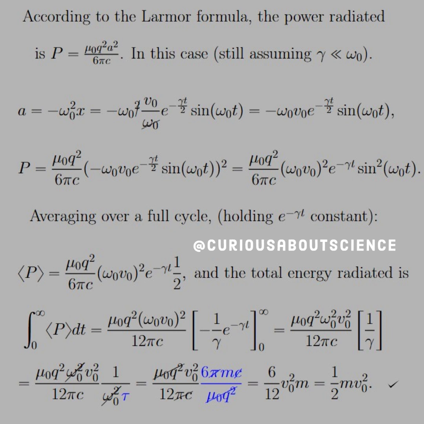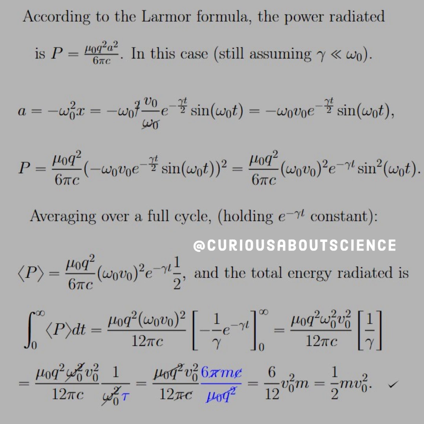Tau gives us a 6 pi m c over mu naught q squared because it's 1 over tau. As you see, mu naught q squared cancels. We have a cancellation of 6 pi and c with the denominator. That reduces to 6 over 12, excuse me. So the pi c terms cancel, and we're left with 1/2 m v squared.